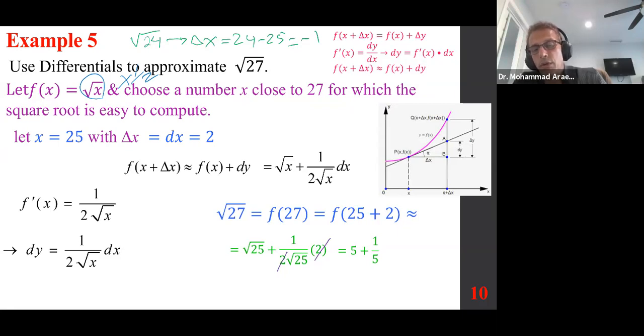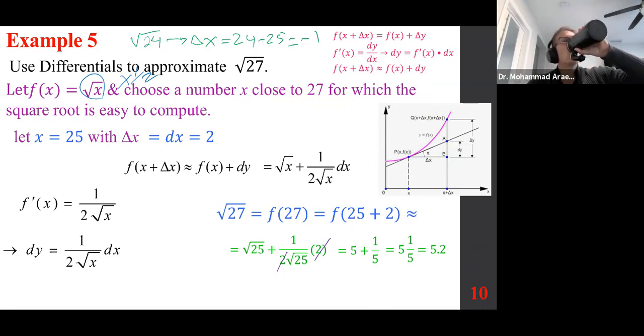And when you add them up, you can write them in any format. Okay, class. It's pretty straightforward.